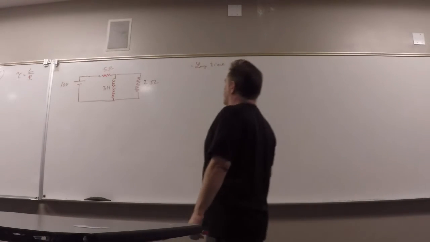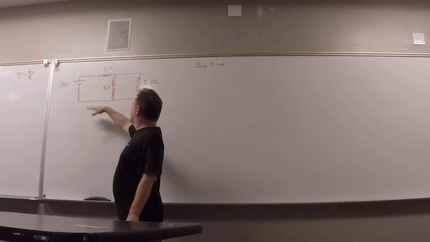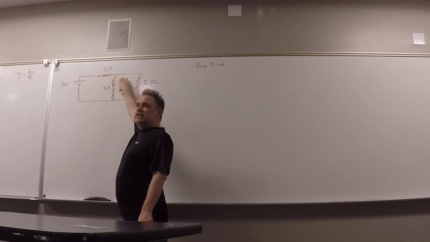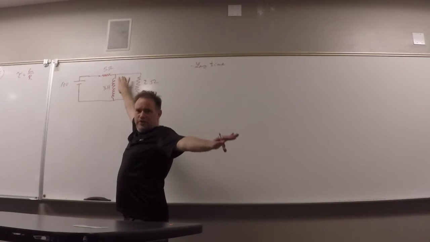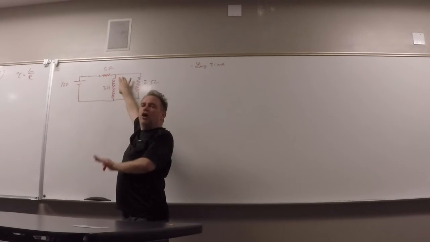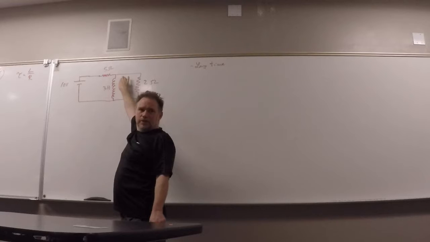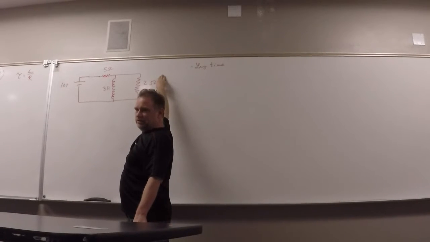If the switch has been closed for a long time, this no longer blocks current at all. Current freely flows through this, which means that all of the current will go through your inductor. None of it will go through this.